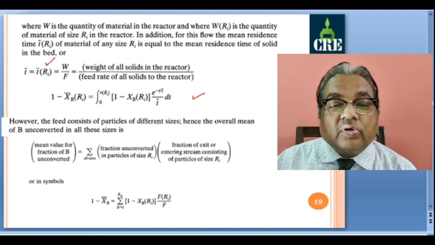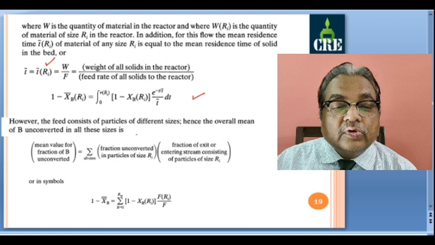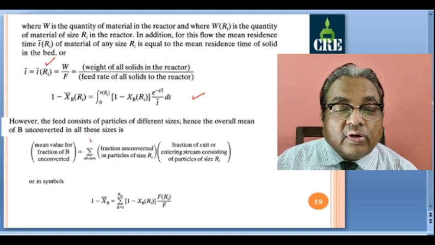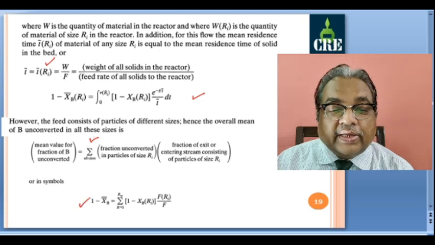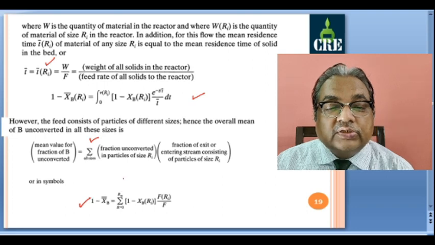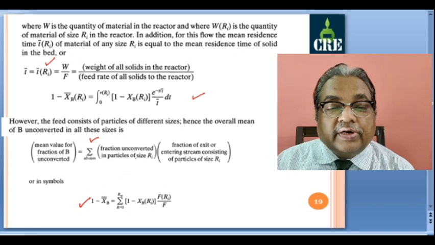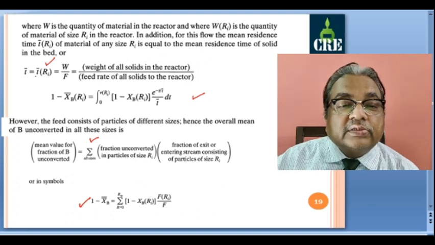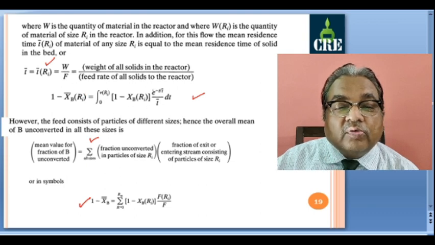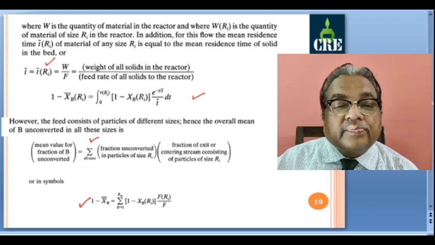This was for mixed flow of solids of single unchanging size, xb bar when summed up for all the ages. Here the feed consists of particles of different sizes. So we have to sum this up for all sizes. So the mean value of the fraction unconverted is 1 minus xb double bar, which is equal to the summation over all the sizes, 0 to Rm, where Rm is the maximum radius, of the fraction unconverted in the particles of size Ri. So 1 minus xb Ri is calculated from this expression.